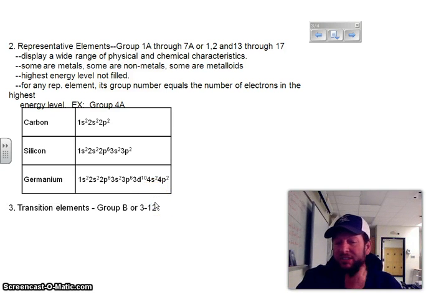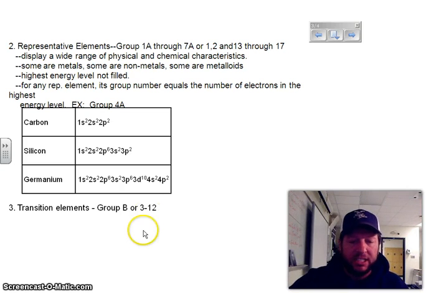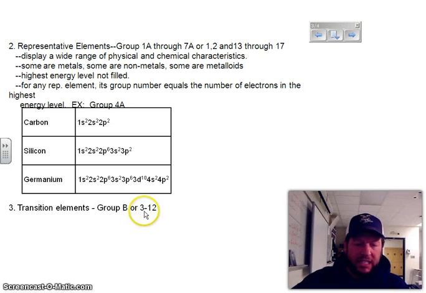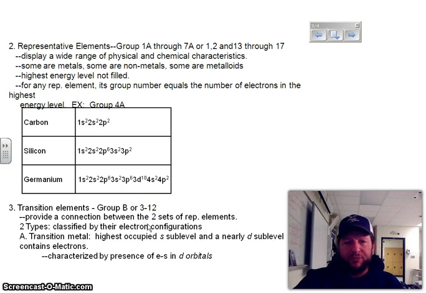And then the third group is the transition elements. Those are the B elements that we see on our periodic table, or columns 3 through 12. They can actually be broken up into 2 different types of transition elements, classified by their electron configurations.